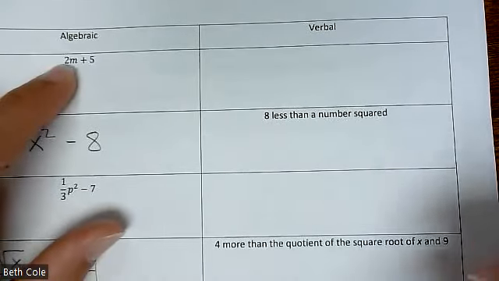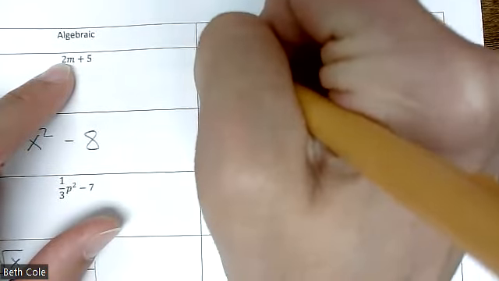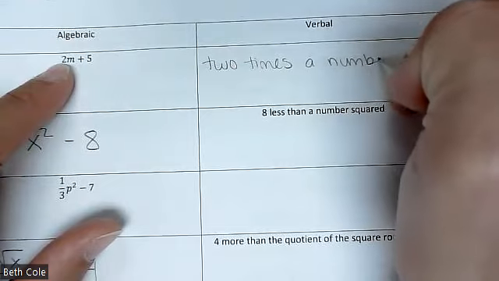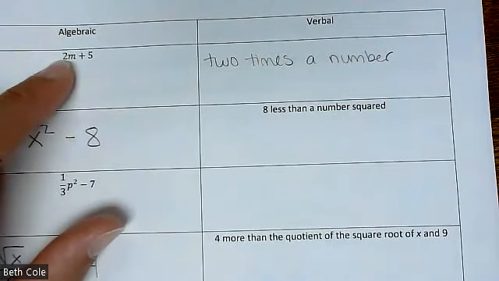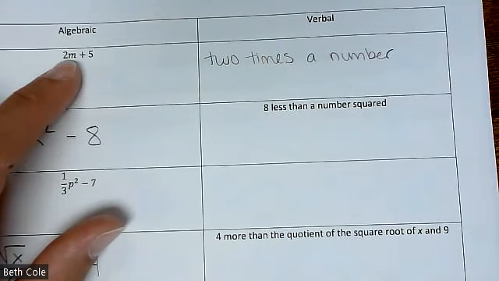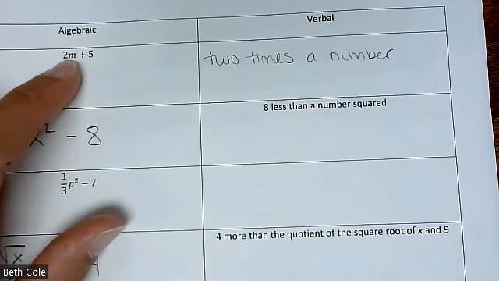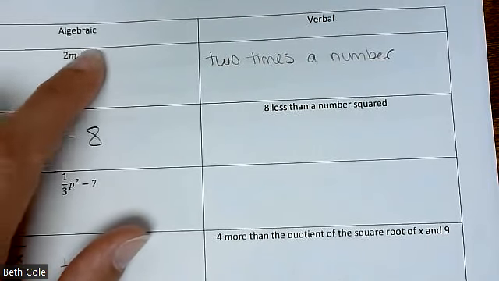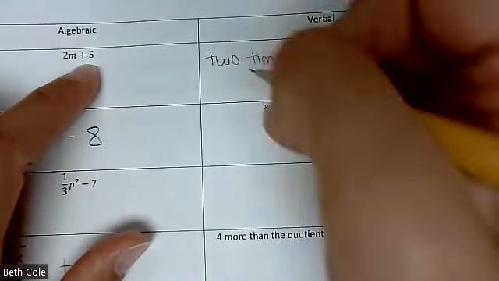Okay. So 2m, that would be 2 times a number. And then what would I put to put the next part in a verbal statement? +5. +5, perfect.